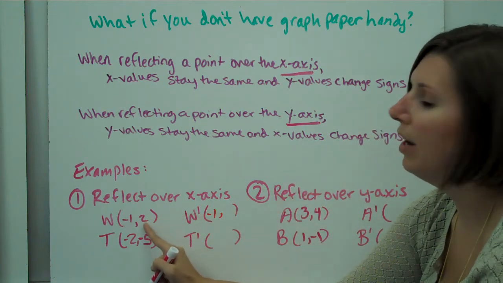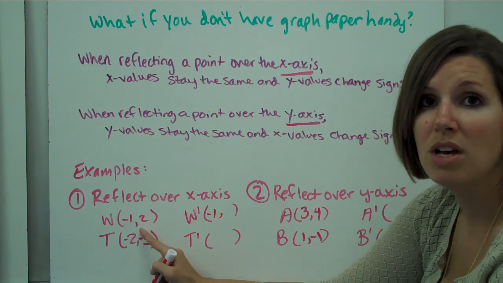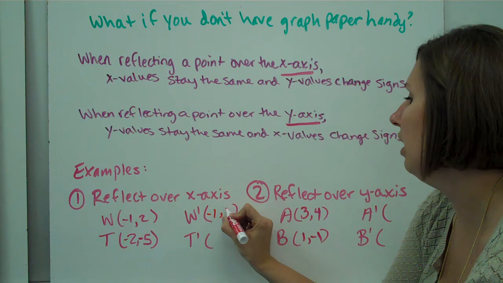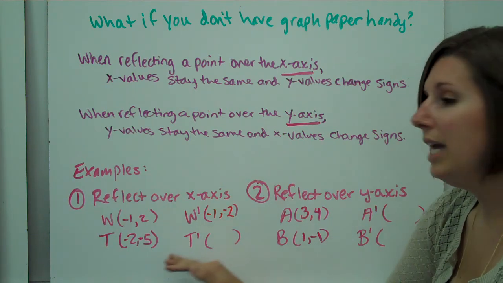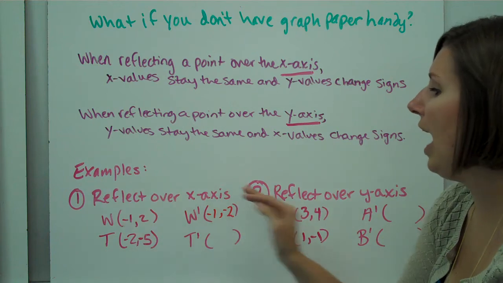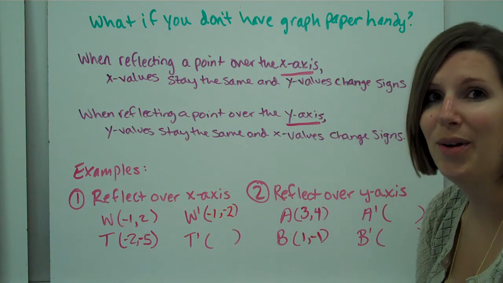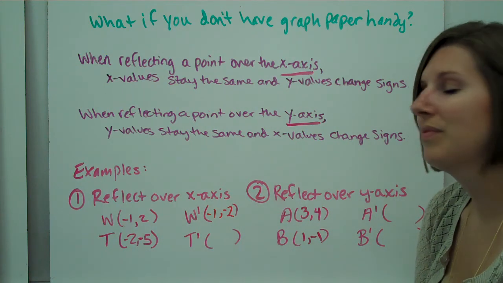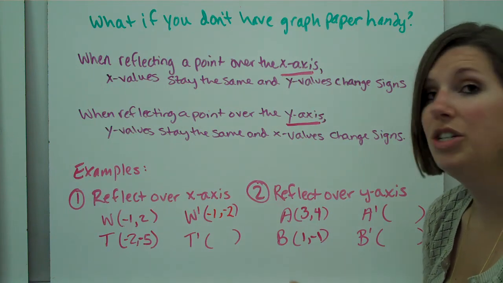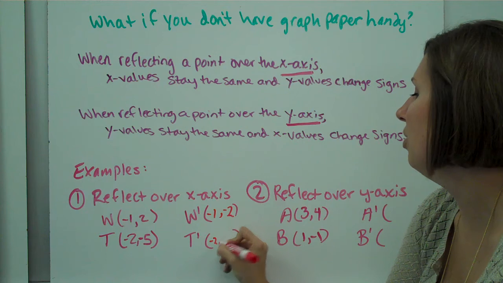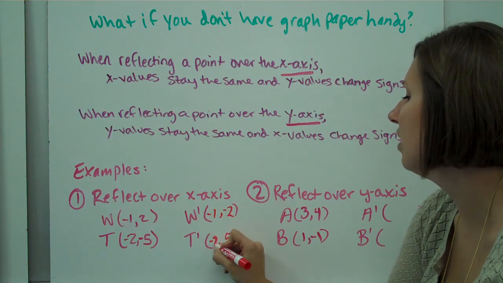My y value in the point is +2, so in the new reflected point, it will be a -2. Why don't you try reflecting T over the x-axis without a graph? Did you get -2, +5?